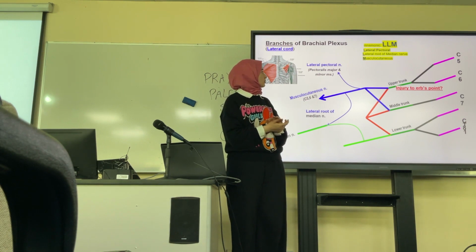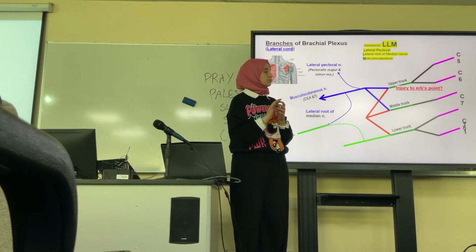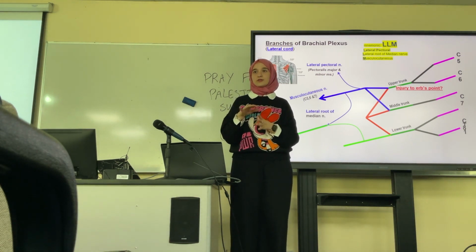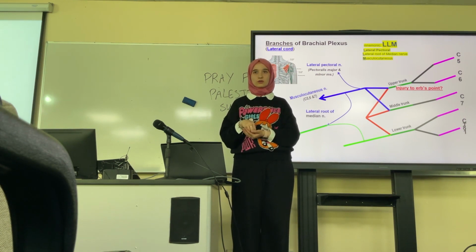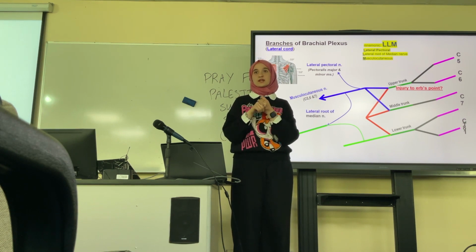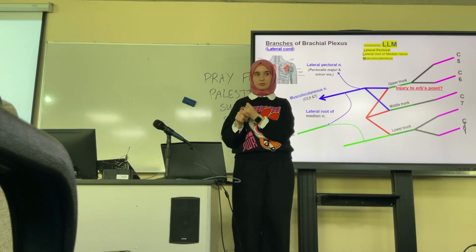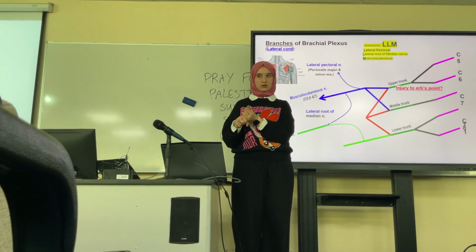For instance, a question comes and asks you, he got an injury in the lateral pectoral nerve. Which muscle is going to be impacted more? Major. Because pectoralis major is mainly supplied by the lateral pectoral and a little bit by the medial pectoral.